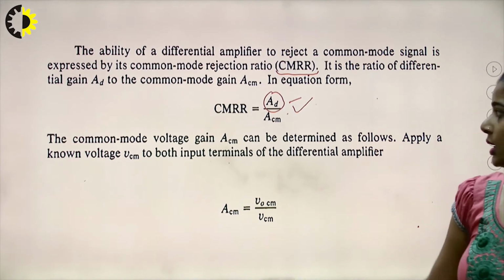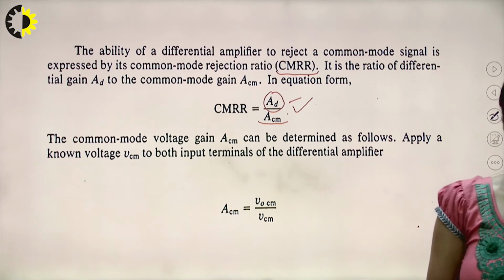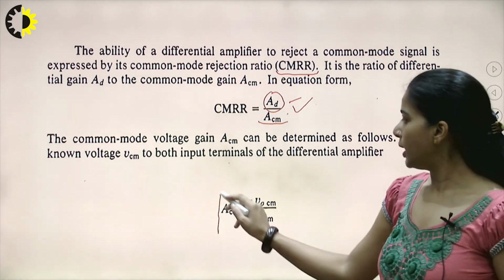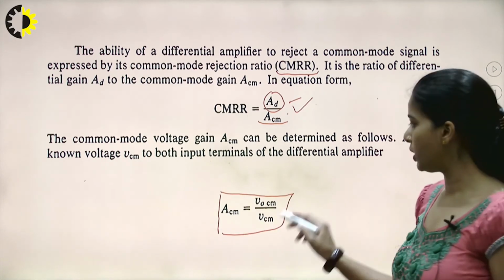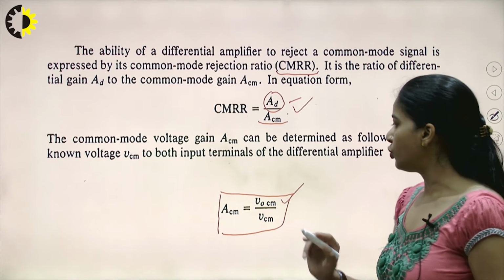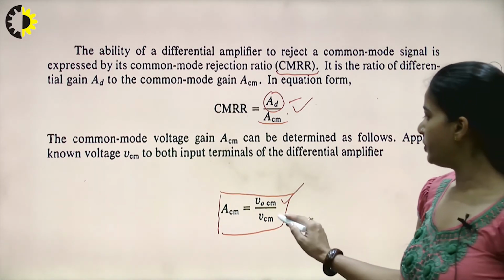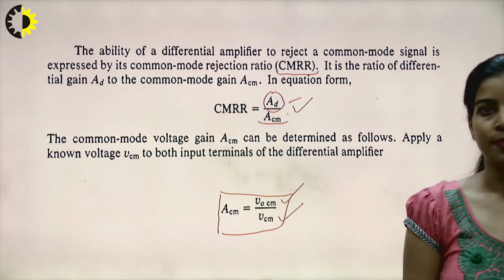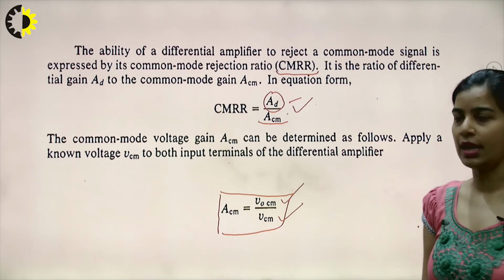Common mode gain is the gain of differential amplifier when we apply same signal at both the inputs. So, common mode gain is defined as VOCM upon VCM. VOCM is output of differential amplifier for common mode signal, and VCM is the common mode signal that is applied at the two terminals of the differential amplifier.